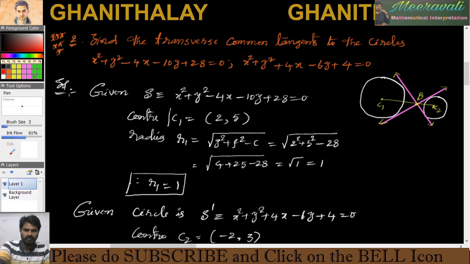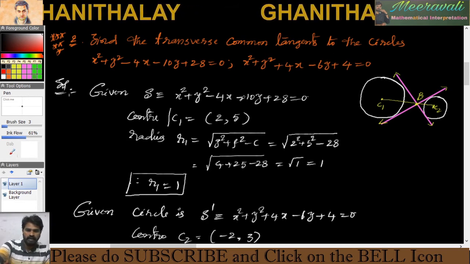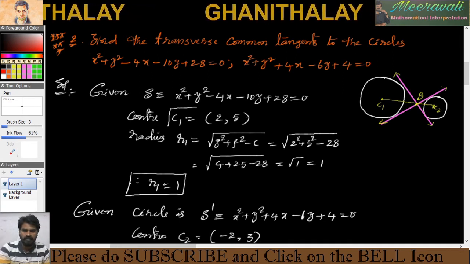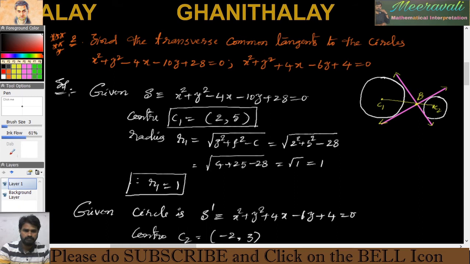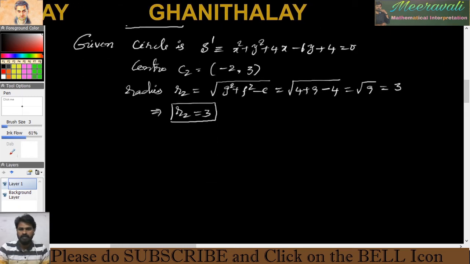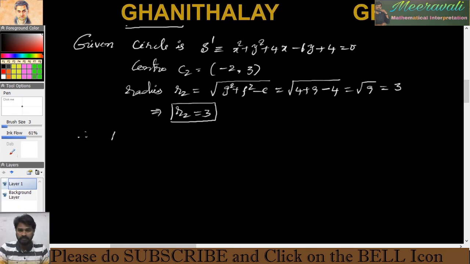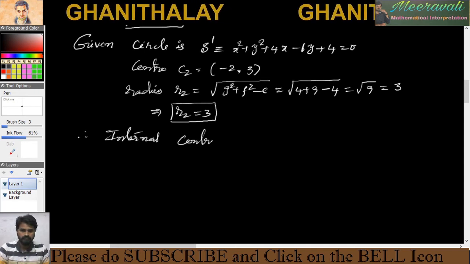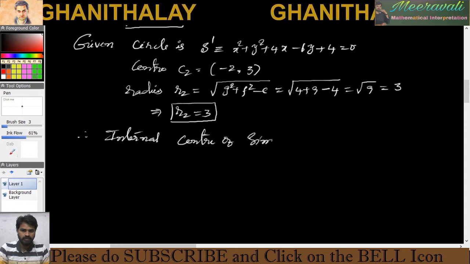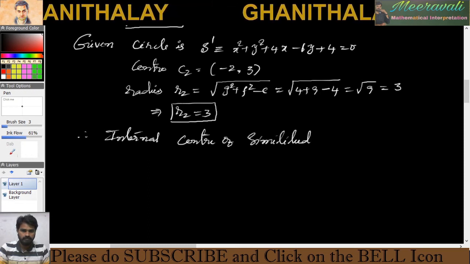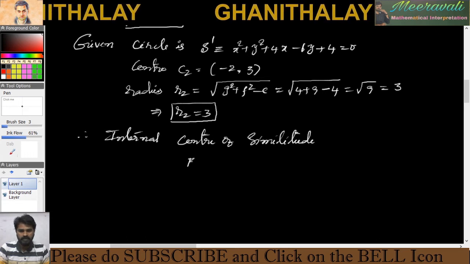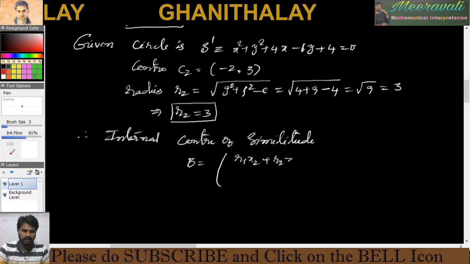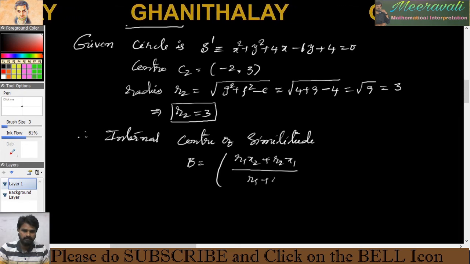So what is the formula for internal center of similitude? I have told you the formula. Therefore the internal center of similitude, let it be B. The formula will be r1 x2 plus r2 x1 by r1 plus r2.